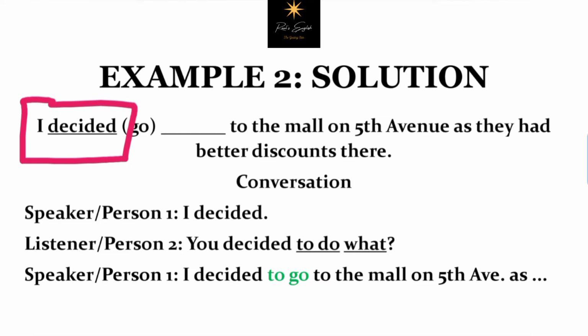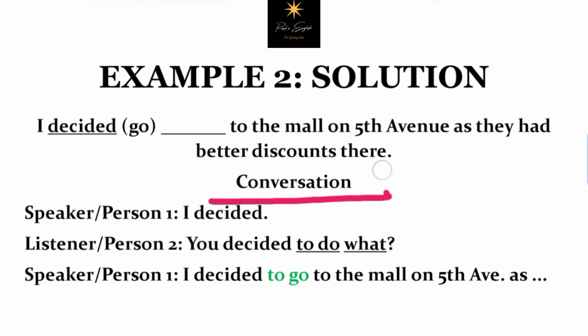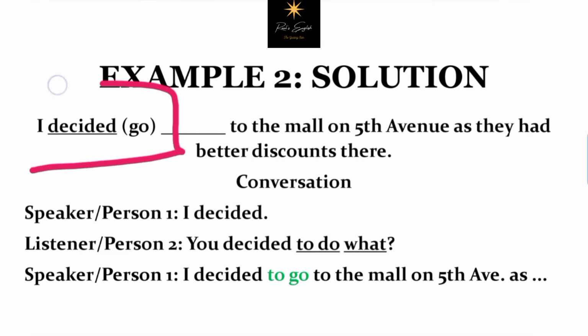So it is a part of this person here, I, hence to go to the mall as they had better discounts there. So please remember, these are two ways. You are looking at them as two ways. One is part of the conversation and another is the separation or the inclusion from the person speaking that sentence.